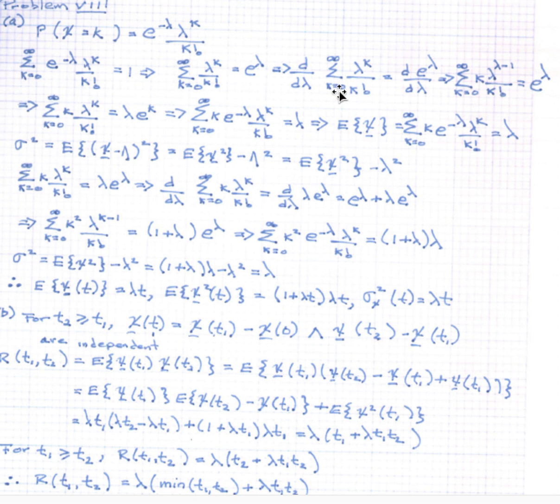which implies that if you take the derivative of that summation from 0 to infinity of lambda to the k over k factorial, it will equal the derivative of e to the lambda with respect to lambda. This implies that the summation k equals 0 to infinity of k times lambda to the k minus 1 over k factorial is equal to e to the lambda.